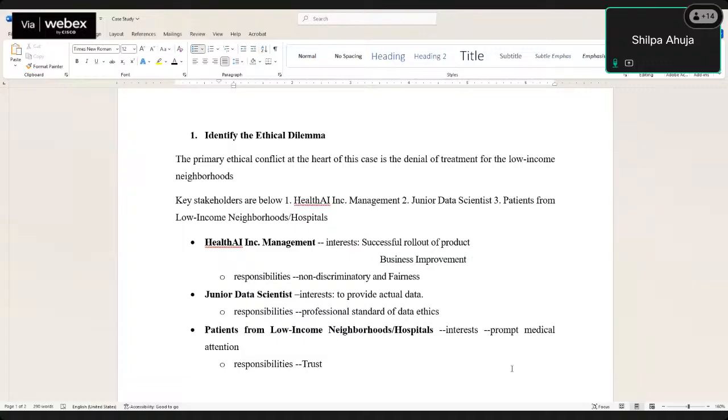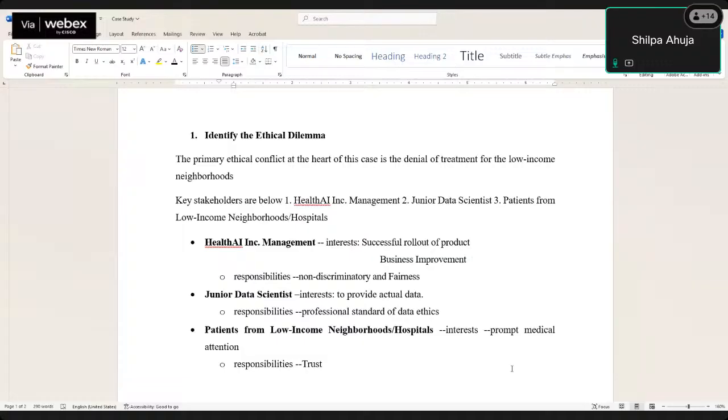The other segment, which is of low income, despite displaying the same symptoms is at a disadvantage. So this creates a dilemma for the junior data scientist who highlights the problem to the Health Inc. management. Accordingly, we have identified the 3 key stakeholders here. The management and their interest includes successfully rolling out the product, which they are boasting as a huge improvement over the current existing system.